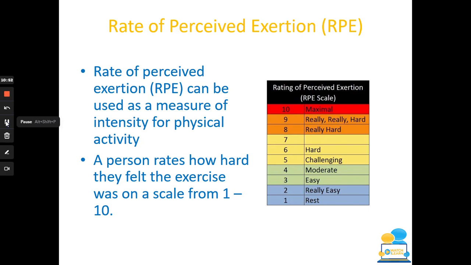So we can see here, from 5.5 to 7 would be a moderate level of physical activity. Everything below that would be light, all the way down to rest. And then above 7 on the RPE scale would be determined as vigorous physical activity.